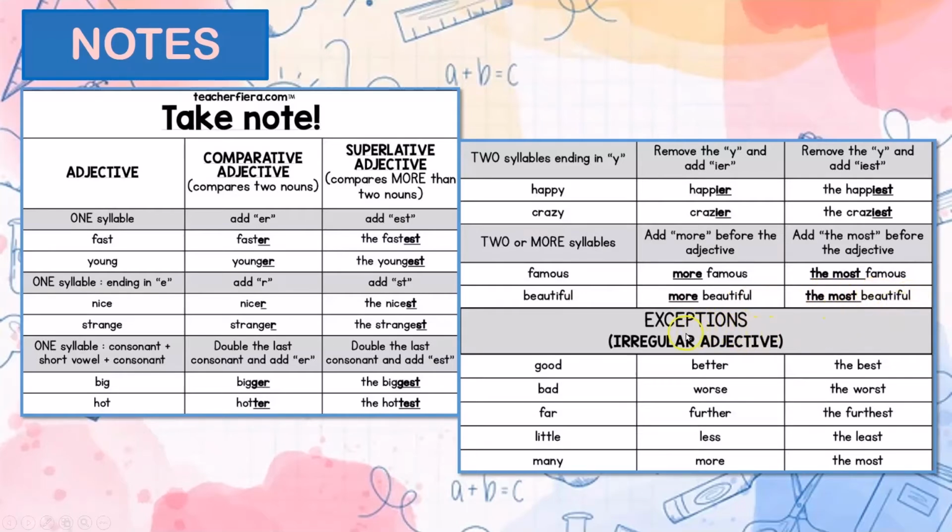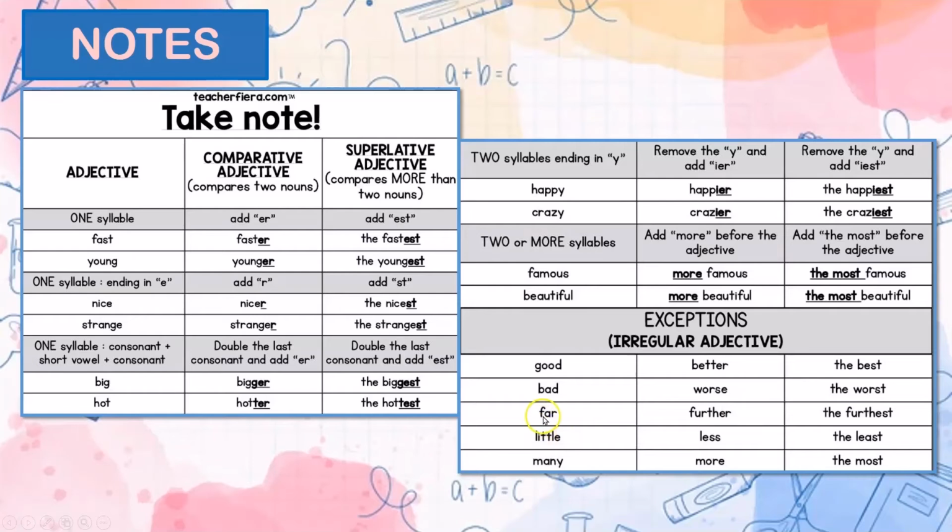Then there are also some exceptions which are irregular adjectives. For example, the adjective good will become better in comparative adjective and will be the best in superlative adjective. The word bad will become worse in comparative and the worst in superlative.